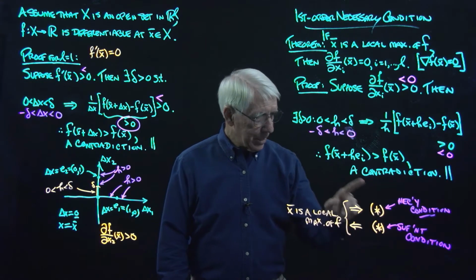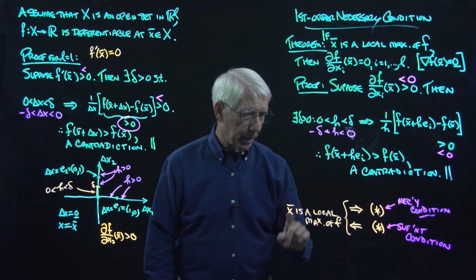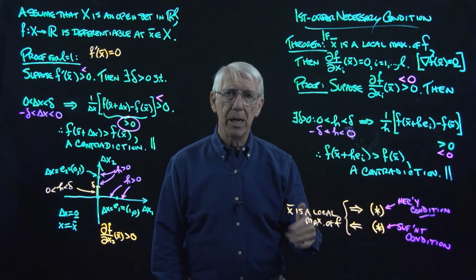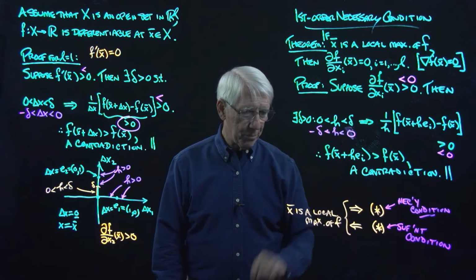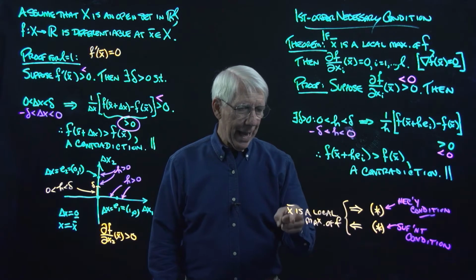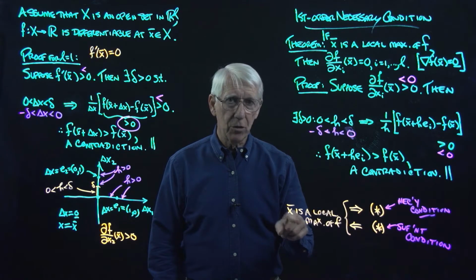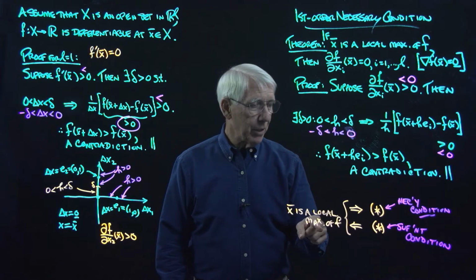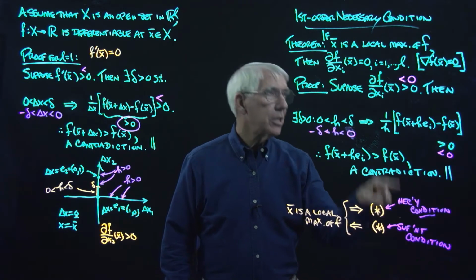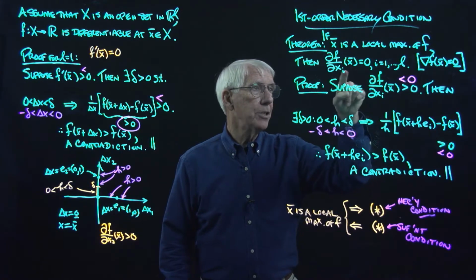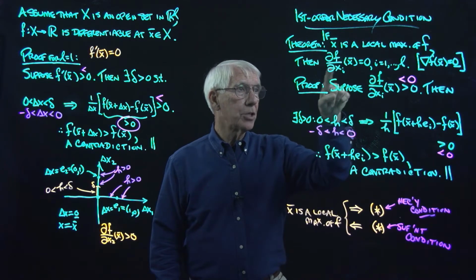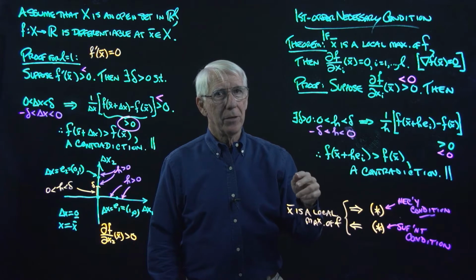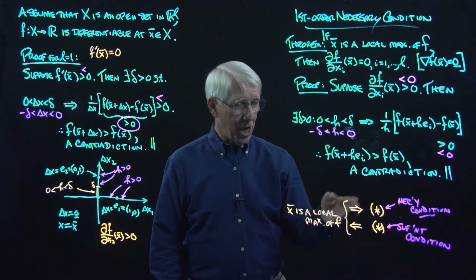And so an example of a necessary condition here for x bar to be a local maximum would be when we're talking about a firm maximizing profit. So if f is the profit function, then x bar is a decision or an activity that maximizes profit. That implies the derivative is zero. And in fact, of course, the derivative of the profit function is the difference between marginal revenue and marginal costs.